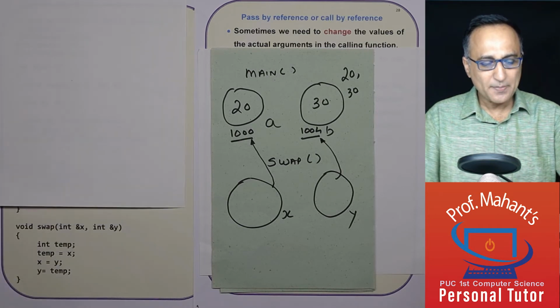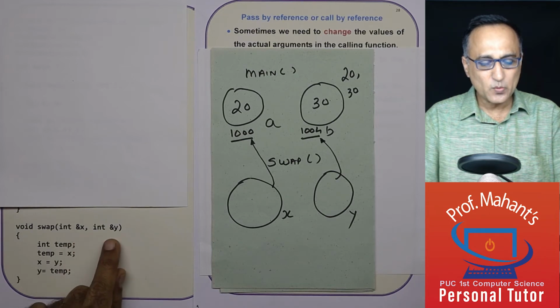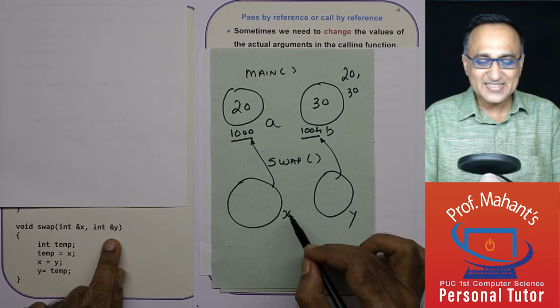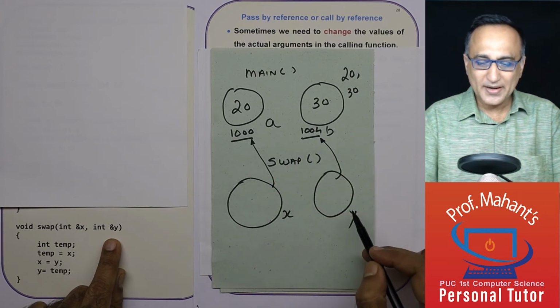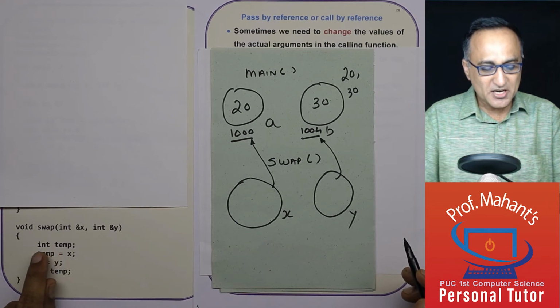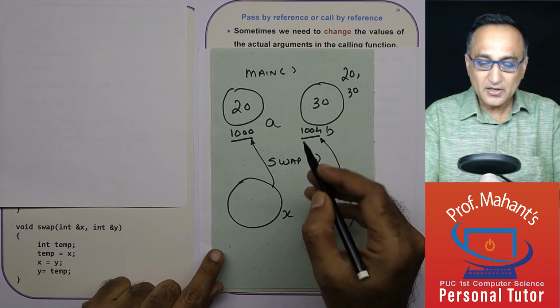When you say swap A comma B, X is declared with the address and Y is declared with the address. What this means is, X is indirectly referring to A, and Y is also indirectly referring to B. So now when I change X and Y, I'm also actually changing A and B.